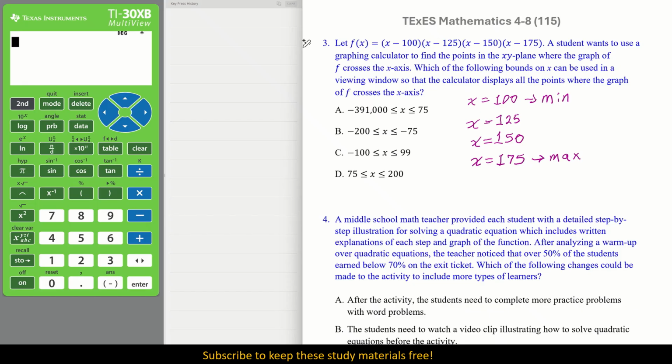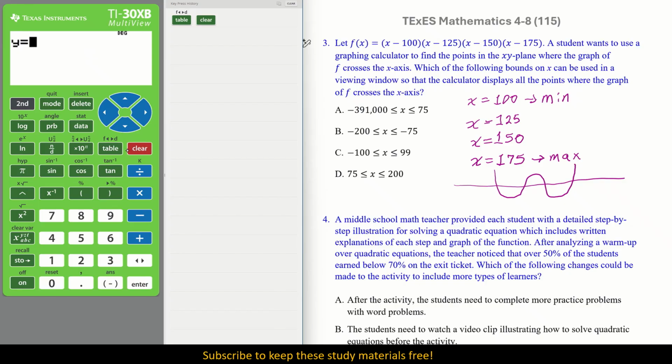All right, so let's think about this. We have the x-axis, and what is really happening? This is going to look like this. I just know it's going to look like that because of the type of function that it is. Now, if you want to put it in your calculator, let's go ahead and do that. Let's clear that out. Then we can go up and down and look at what we've got, if that makes you feel better.